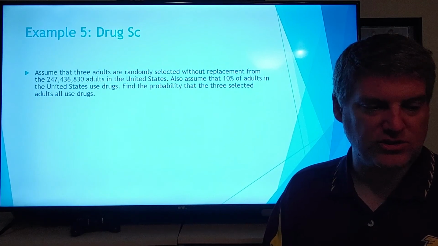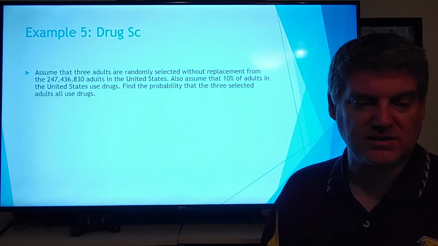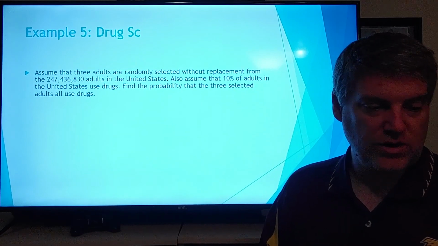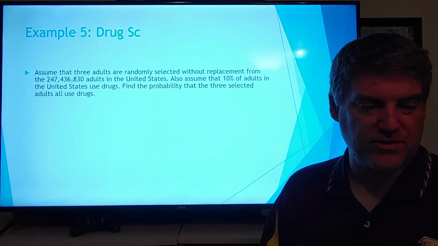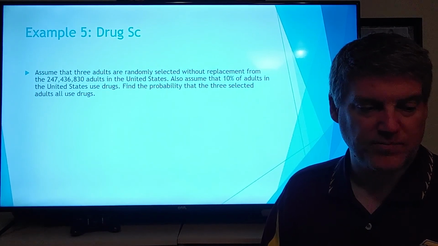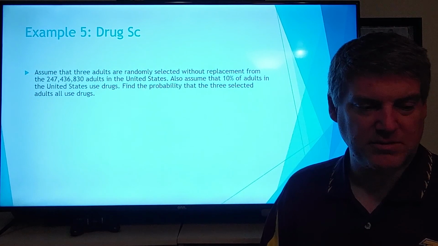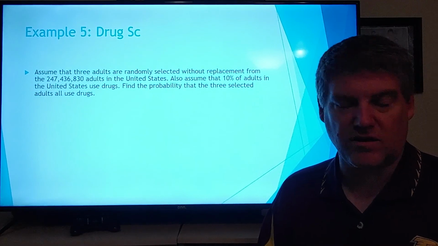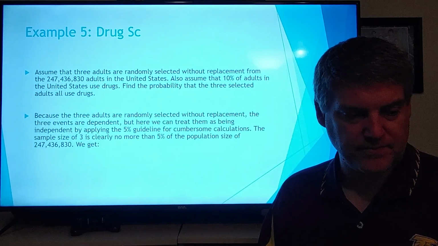the drug sampling. Assume that 3 adults are randomly selected without replacement from the 247,436,830 adults in the United States. Also assume that 10% of adults in the United States use drugs. Find the probability that the 3 selected adults all use drugs.